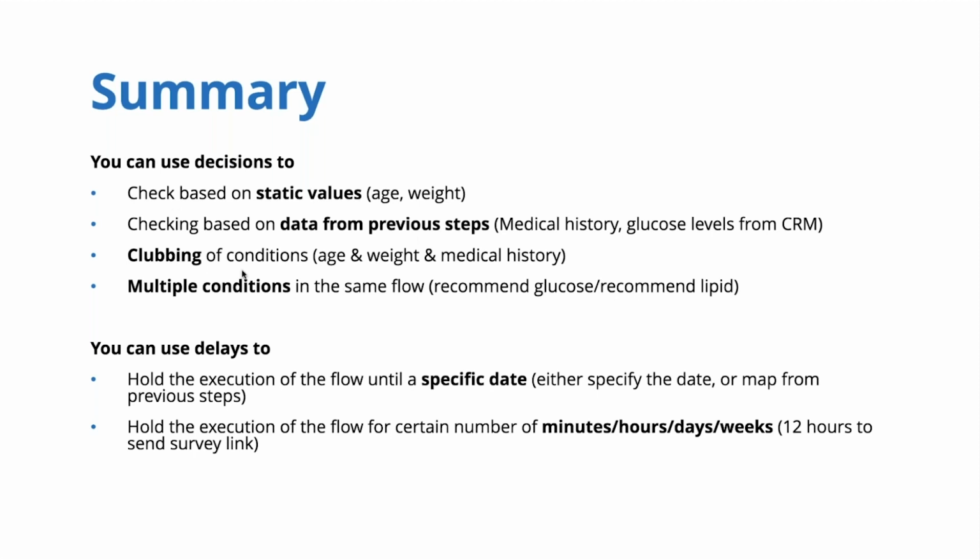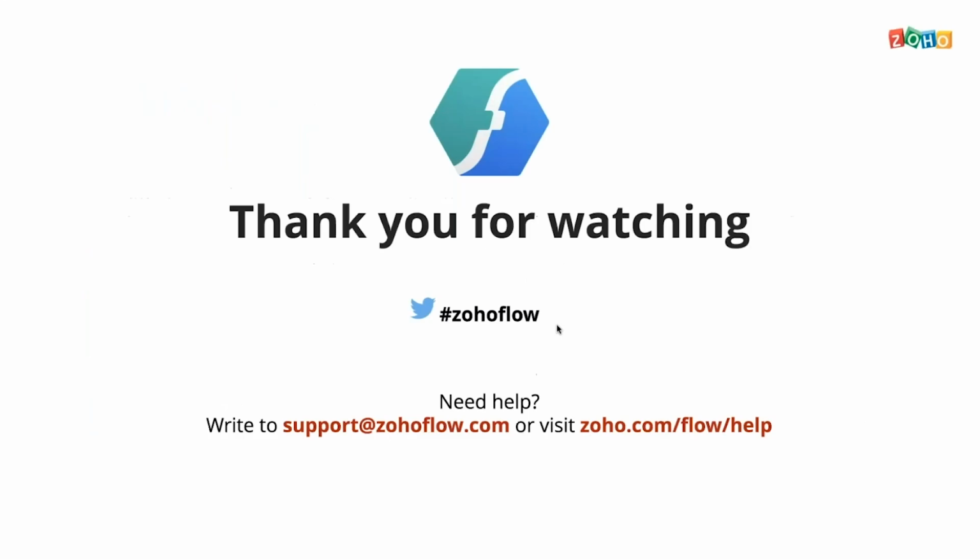And then we also showed you how you can club different conditions like age, weight, and medical history, and then make a decision or branch your workflow based on those. Of course, you saw multiple conditions coming together. And then in delay, you saw how you can pause the flow until a certain time or for a time frame. So that's all about Zoho Flow's logic elements.